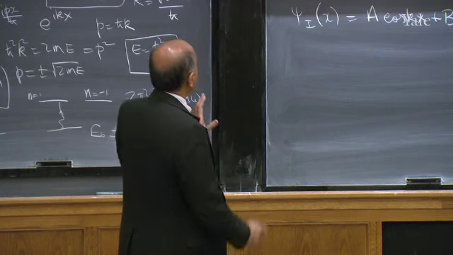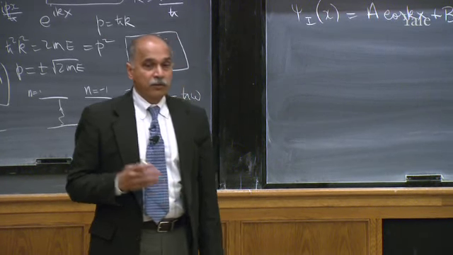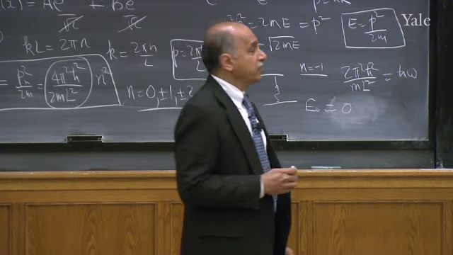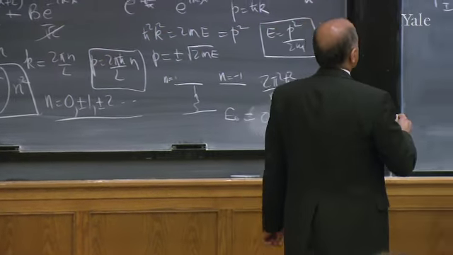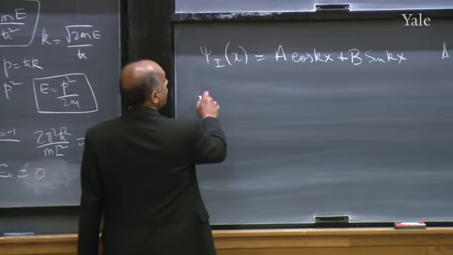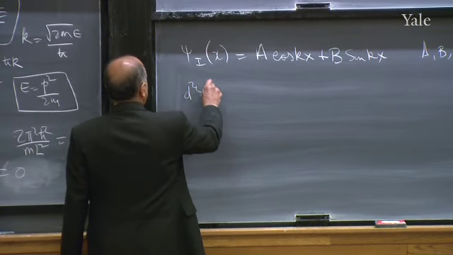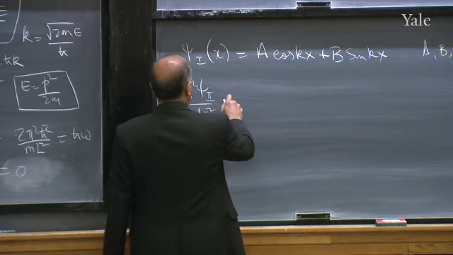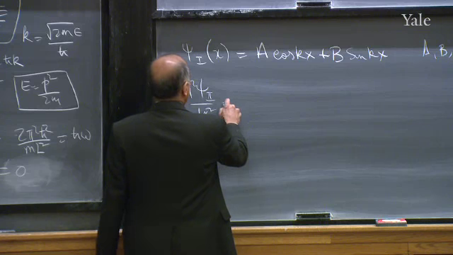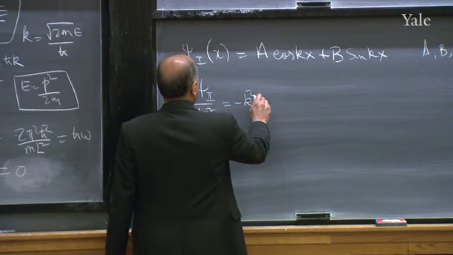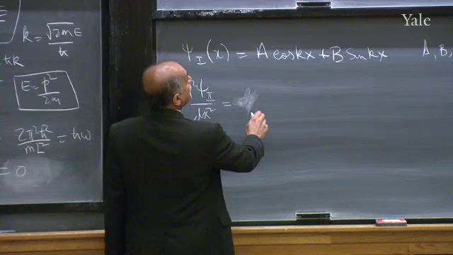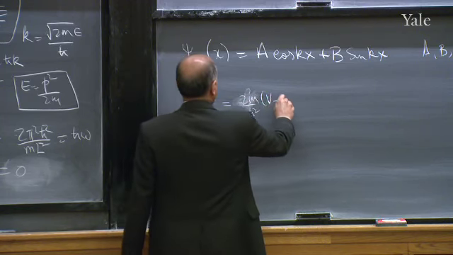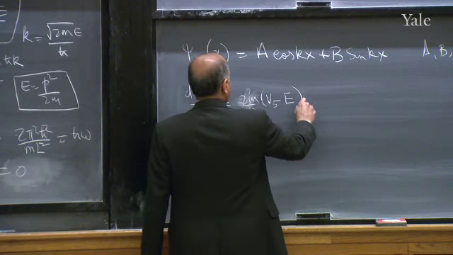But we're not done yet because we only looked at region 1. I have to look at region 2 and at region 3, then you will find out what happens. So let's go to region 2. In region 2, the equation obeyed by psi is d2 psi over dx squared equals minus 2m over h bar squared times V0 minus E psi.